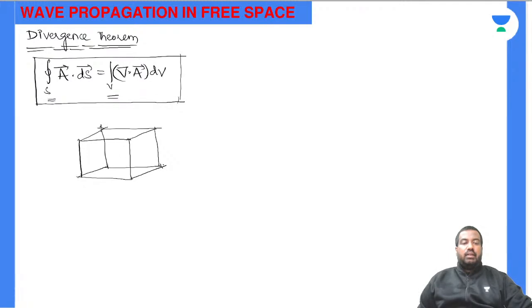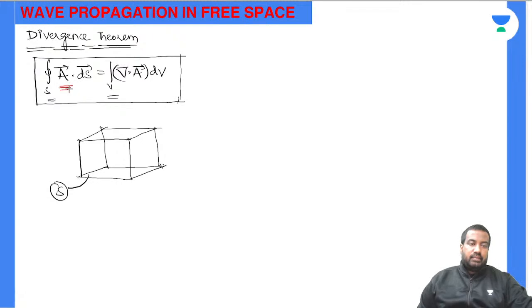This is the closed surface. If A is any energy associated with this closed surface, it relates that energy to this volume.